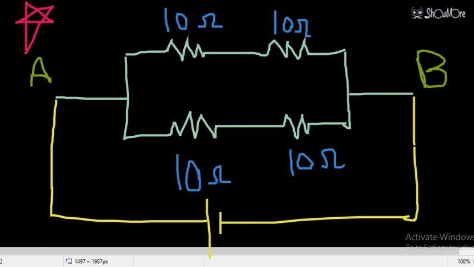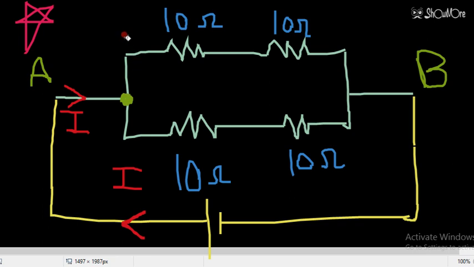Now let's suppose current I is coming from the battery. Then the same current will go up to this point. But further from this point onwards, current will be divided into two parts.